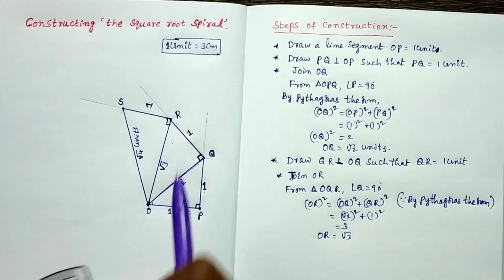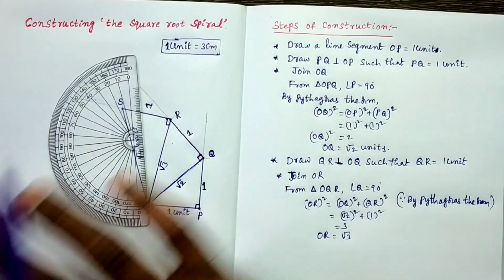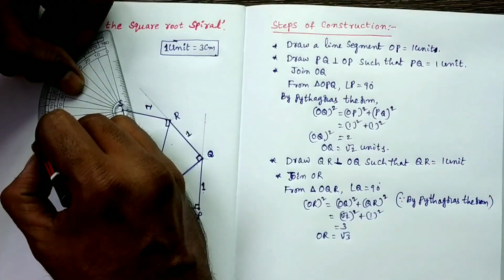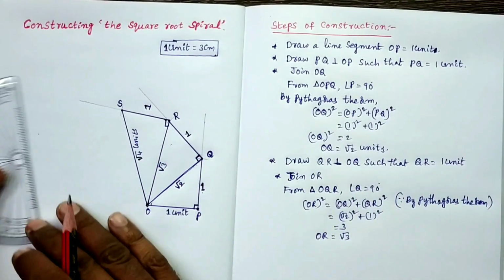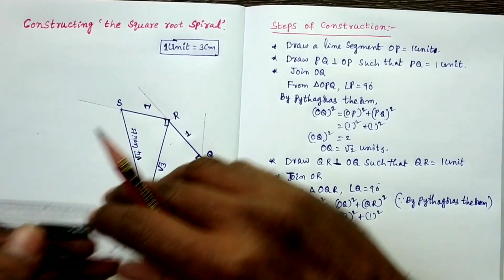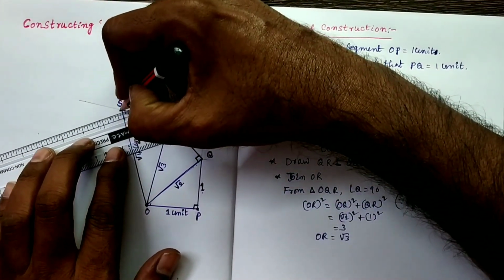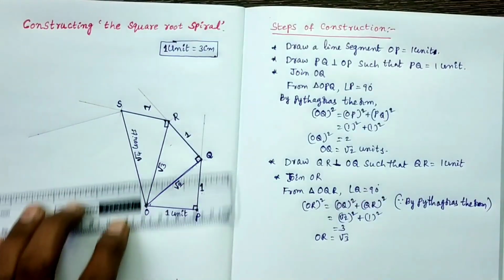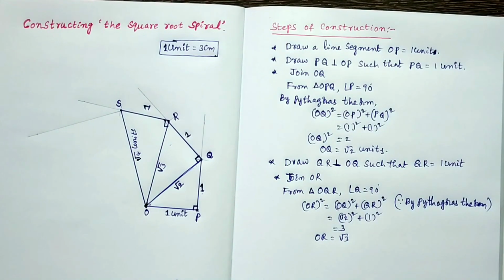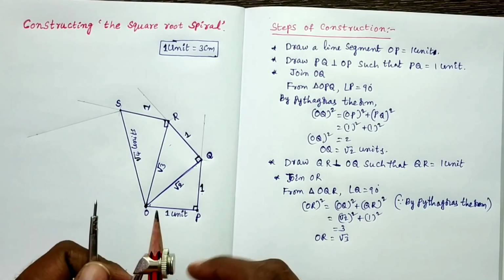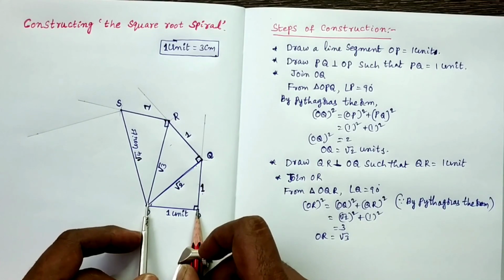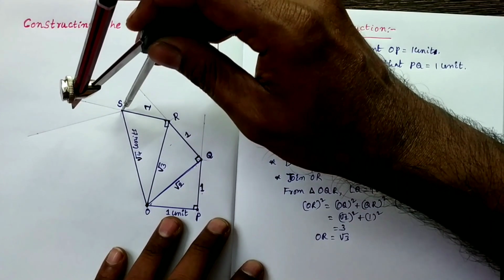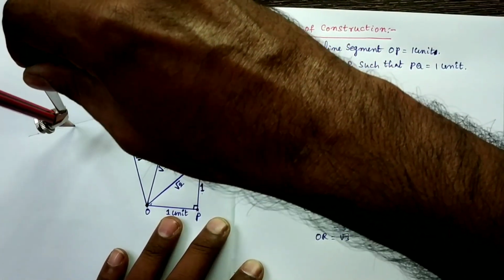Again you draw a perpendicular line to OS. Take 90 degrees at S. Draw a perpendicular line to OS, and take 1 unit as radius with compass and take S as center. This 1 unit as radius, draw an arc.